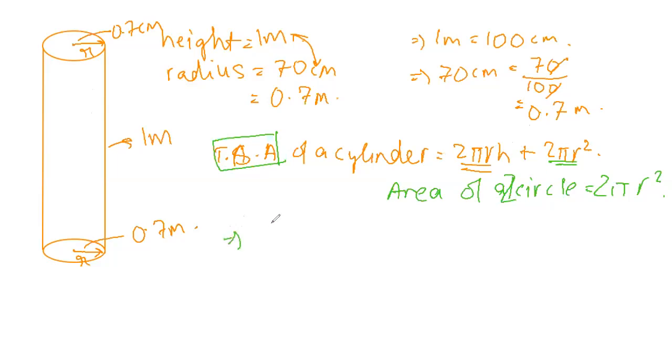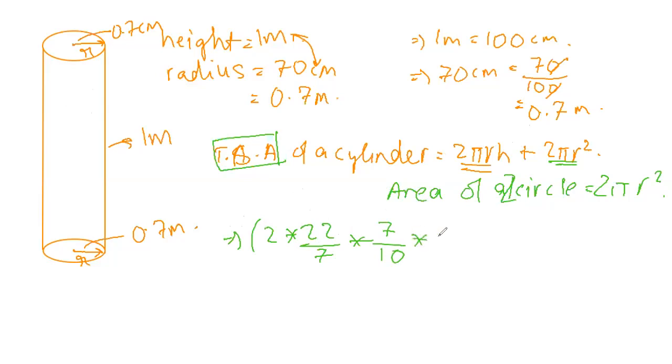So we'll solve the question. So 2 pi rh. We'll substitute the values. First, we write it into brackets. So 2 into pi, it has mentioned as 22 by 7. R is 0.7 meters. For ease of calculation, we'll mention it as 7 upon 10 because 7 upon 10 is finally 0.7.